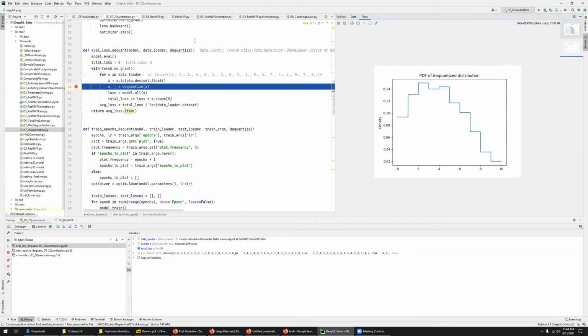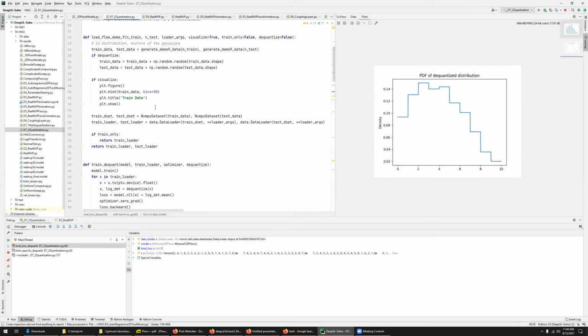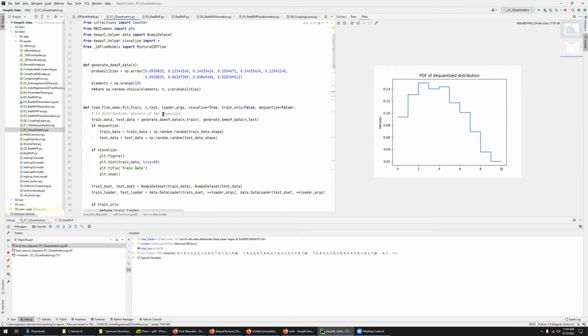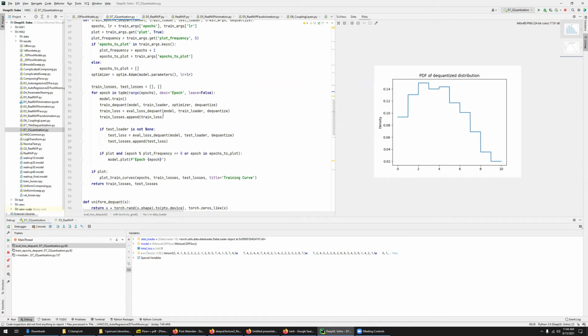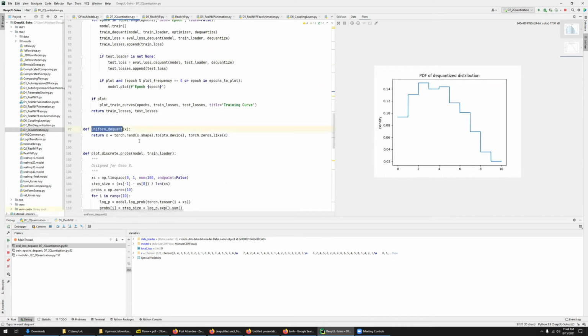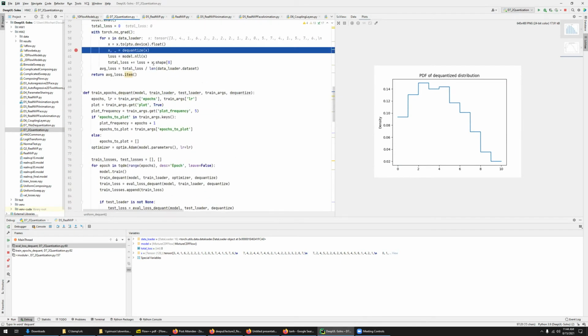And I think the main trick is to use this. Once you get X, you're going to dequantize it, and the function is called uniform dequant.